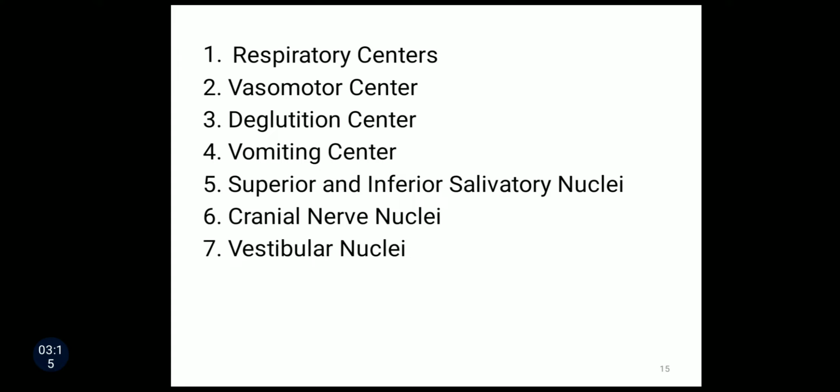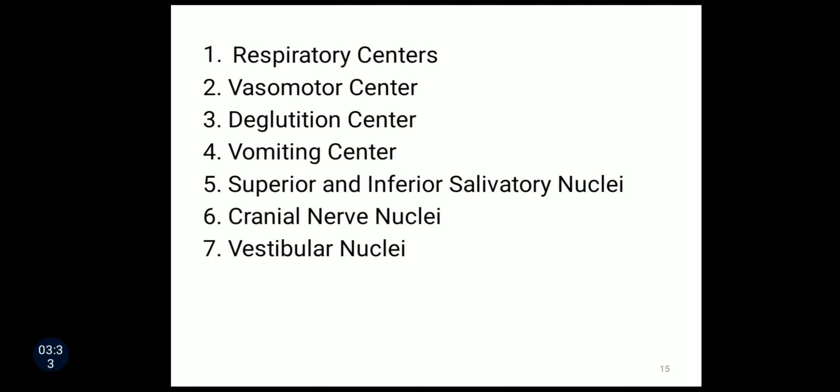Then the sixth one is that it also has many cranial nerve nuclei. It has mainly the nuclei of the 12th, 11th, 10th and 8th cranial nerves. The 12th cranial nerve, the hypoglossal nerve, is mainly concerned with the movements of the tongue.